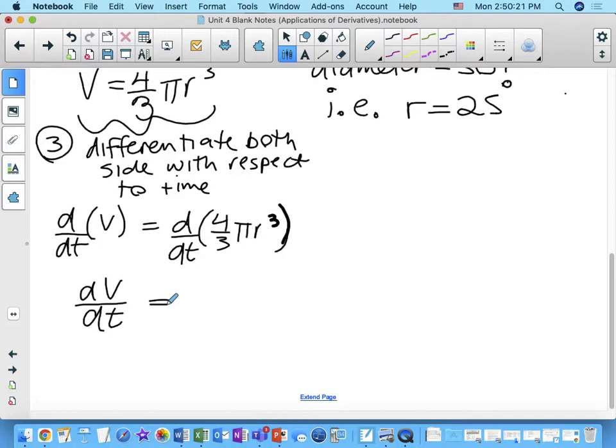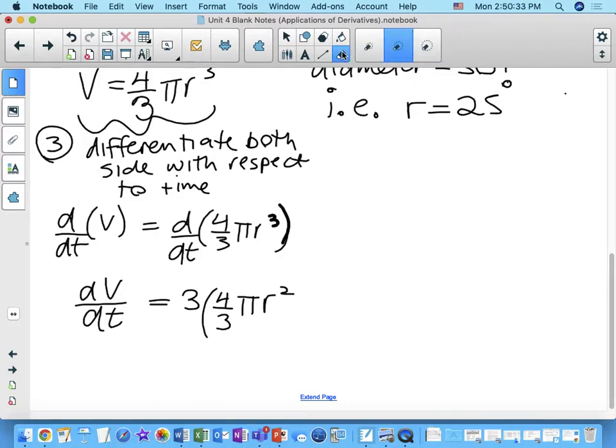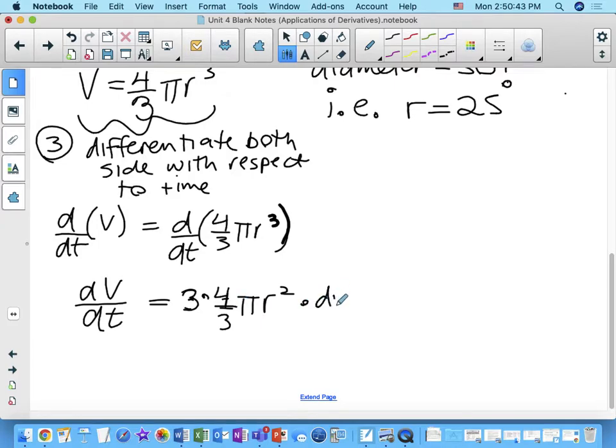So if we take the derivative of this piece, 3 times 4/3 pi r squared, and then times dr by dt.